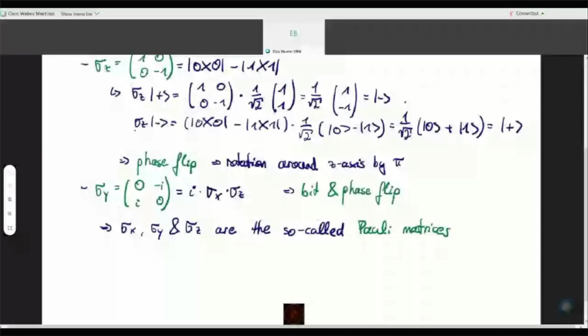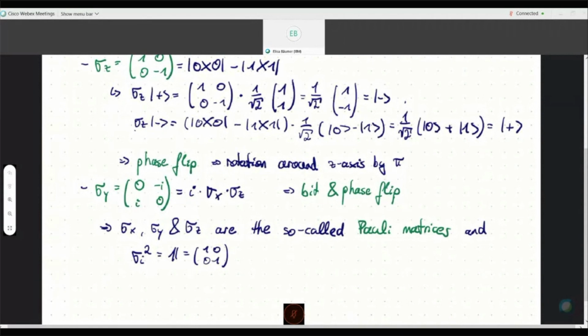And for each of them, if we square them, we get identity. You can calculate that by just multiplying 2 times the same matrix. You will see we will always get this identity matrix. Identity matrix means basically that we're not doing anything at all. If we apply the identity matrix to any state, we will get the same state back.